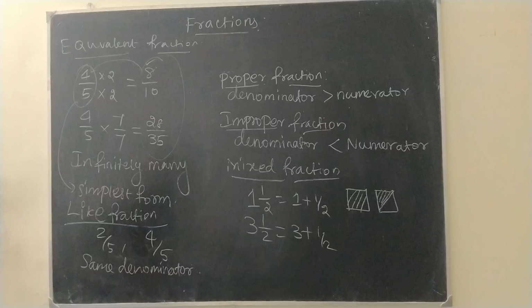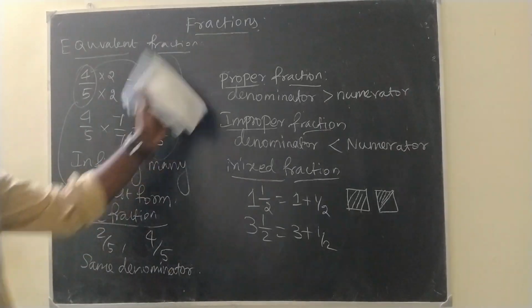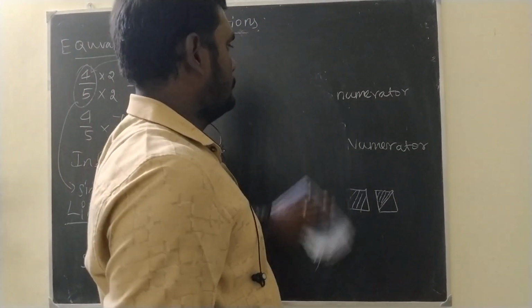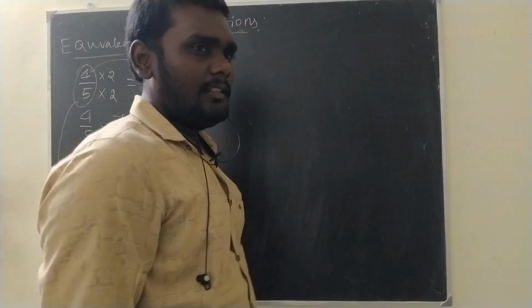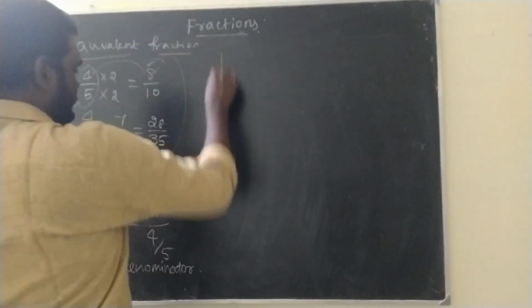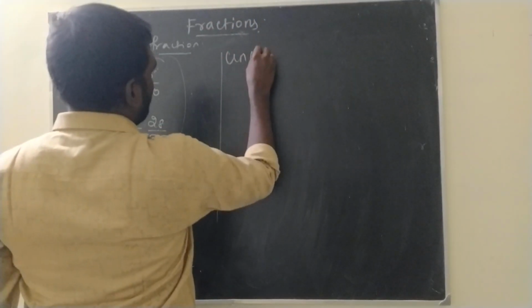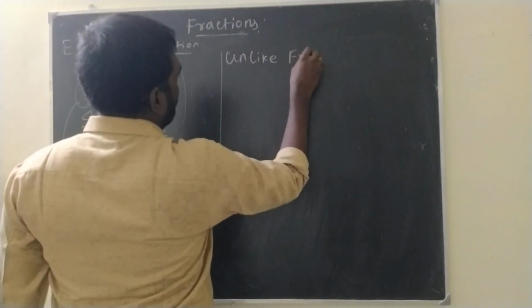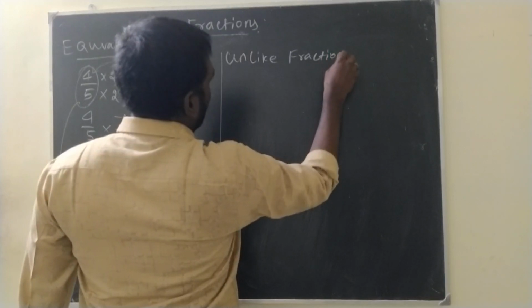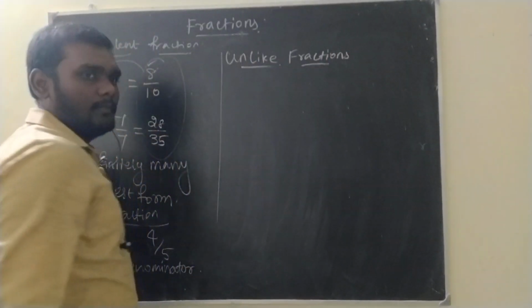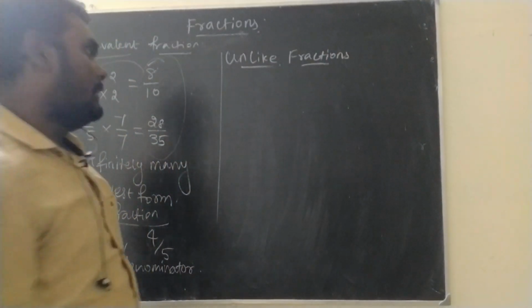Then what do you think unlike fractions would be? Unequal denominators, or else it is not a like fraction. So unlike fractions means we don't have the same denominator.